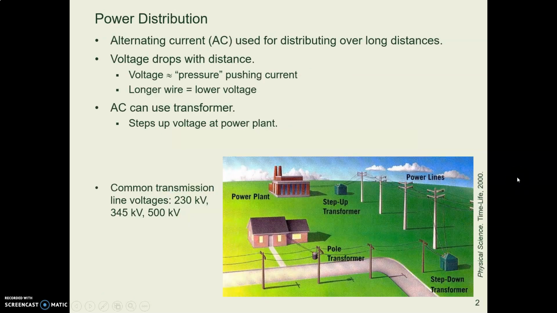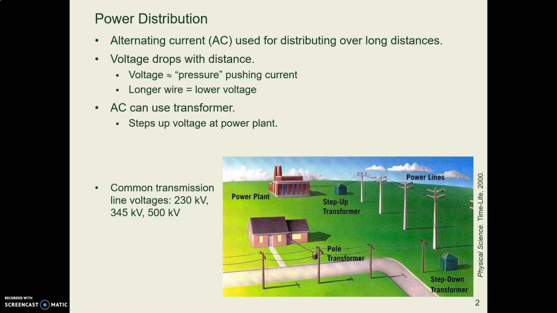We talked about alternating current a little bit last time when we looked at sine waves. The reason we are all using alternating current is because when we distribute power over very long transmission lines, there's voltage drop. And the longer the distance, the greater the voltage drop.